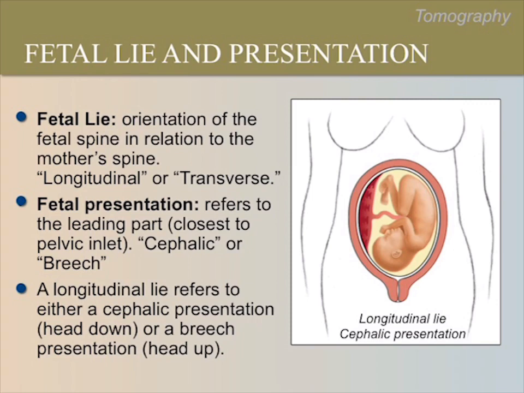The fetal presentation can either be cephalic, head down, or breech, head up. A longitudinal lie can mean that the baby is in either the cephalic or breech presentation. Another possibility is that the fetal lie is transverse, which means that the baby is in sideways position, with its head towards one of the maternal sides. A transverse fetal lie, or a breech presentation, can complicate delivery.